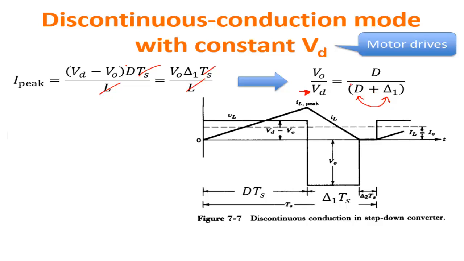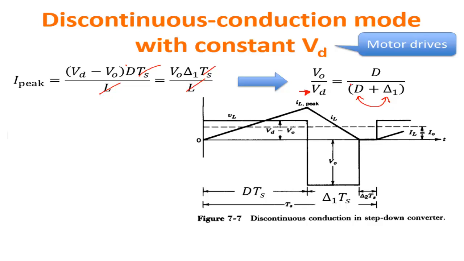This is the situation that one typically has in this example with motor drives, or in other examples with a constant battery voltage. The battery has a given voltage, and therefore VD is constant, except for very long times, because of course the battery can go down. But for a shorter time interval, one can consider VD constant when the power supply is a battery.